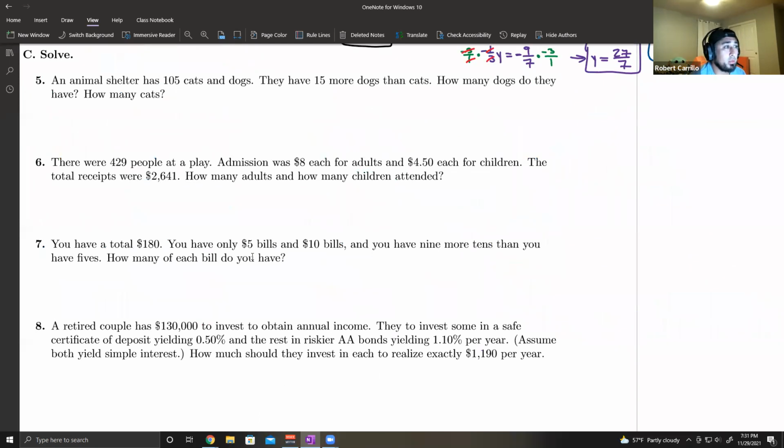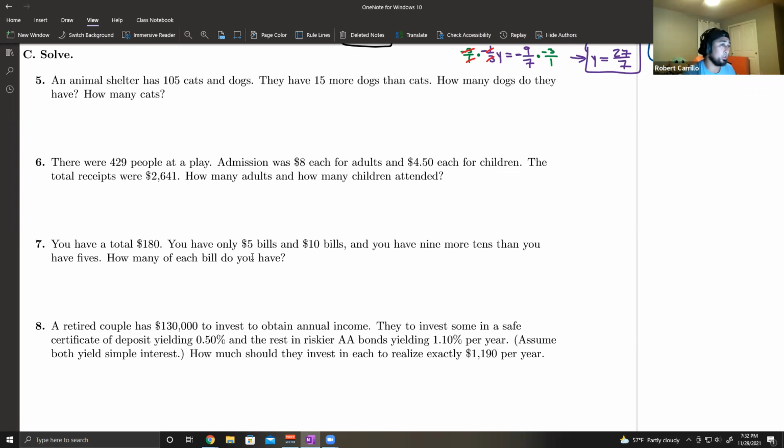So an animal shelter has 105 cats and dogs. They have 15 more dogs than cats. How many dogs do they have, and how many cats do they have? Okay. So we're not given the exact number of cats and dogs.